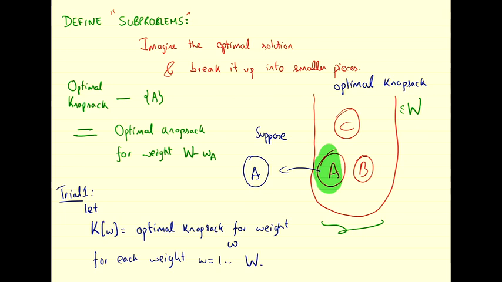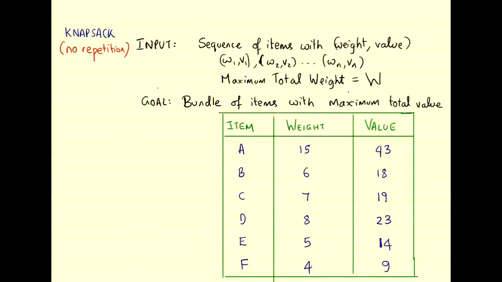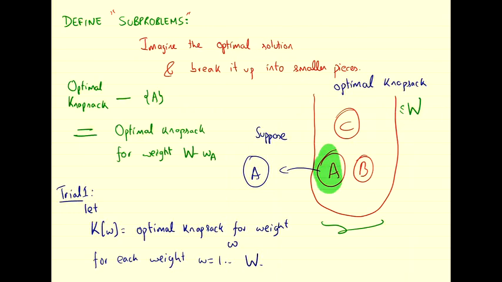So, okay, this sounds fine, except if you recall, we said the knapsack should have no repetition, meaning no element should appear twice. So what's left? This is not correct. It's not the case that what's left is the optimal way of filling up W minus WA. It's actually the optimal way of filling up W minus WA when you don't have A available to you. Right.